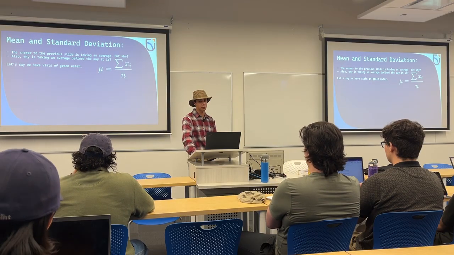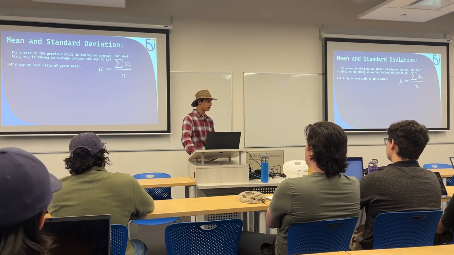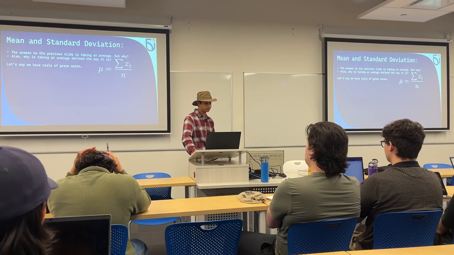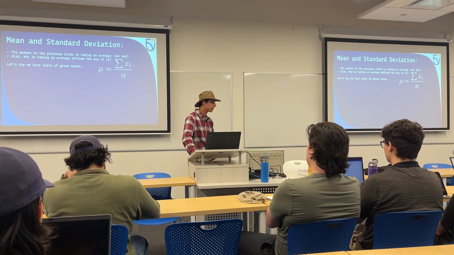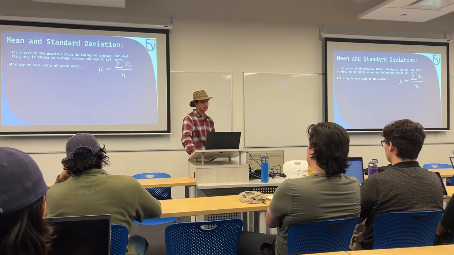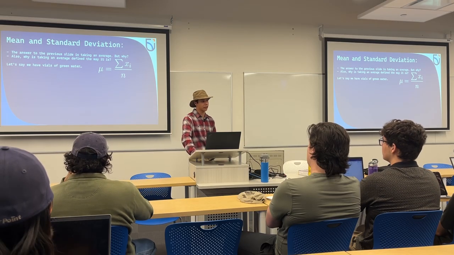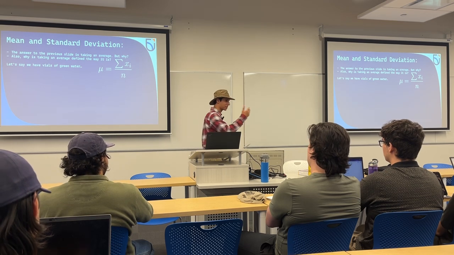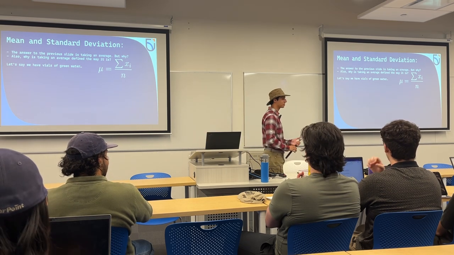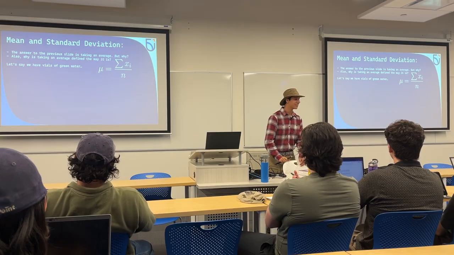I've had a lot of people subconsciously take an average, but they can't tell me why they're taking an average. So does anyone want to take a crack at what taking an average actually means? And I would appreciate it if we got some interaction from the crowd here. You're all blank staring at me.